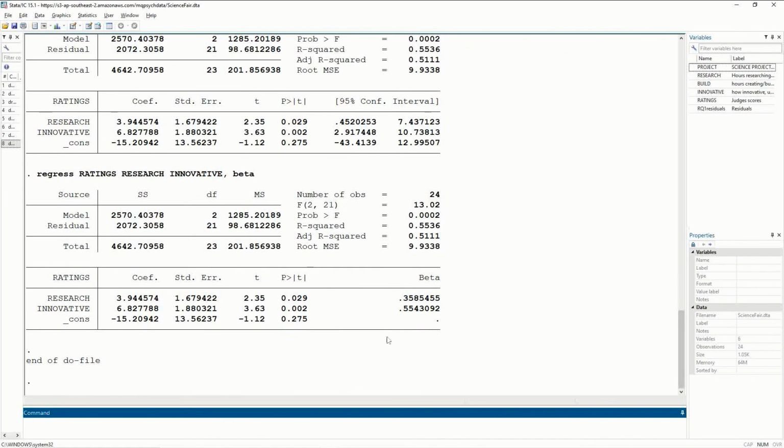Looking down our standardized betas, we can see that innovativeness is still the better predictor, but nevertheless, both research time and innovativeness are important. So it doesn't seem to be too much about how many hours you spent building the project. It seems to be more about the number of hours that you needed to put into research and the level of innovativeness of the project.